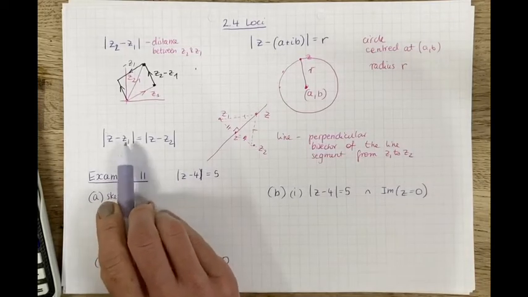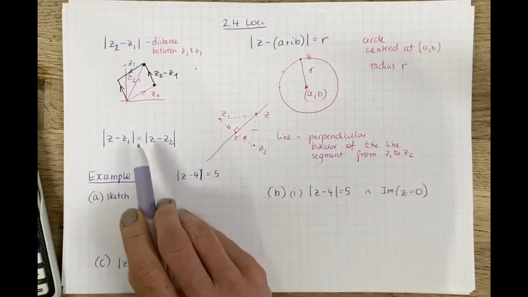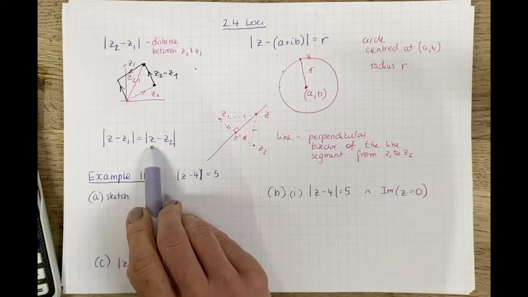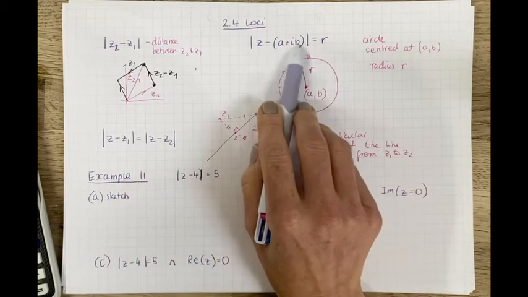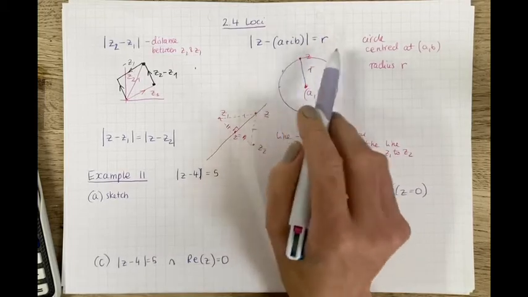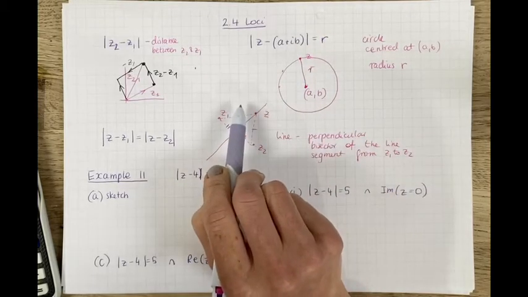This here is actually an equation of that line in a loci sort of way, complex plane way. So is this. This is like an equation of that, again using complex numbers.